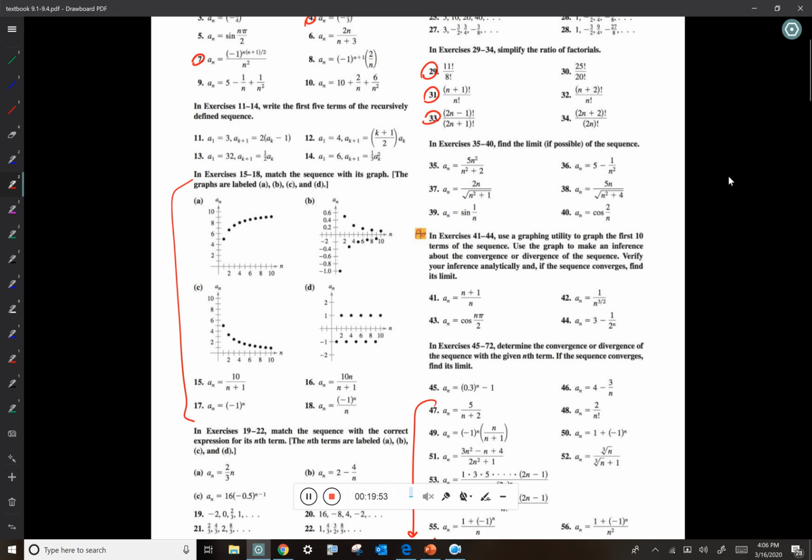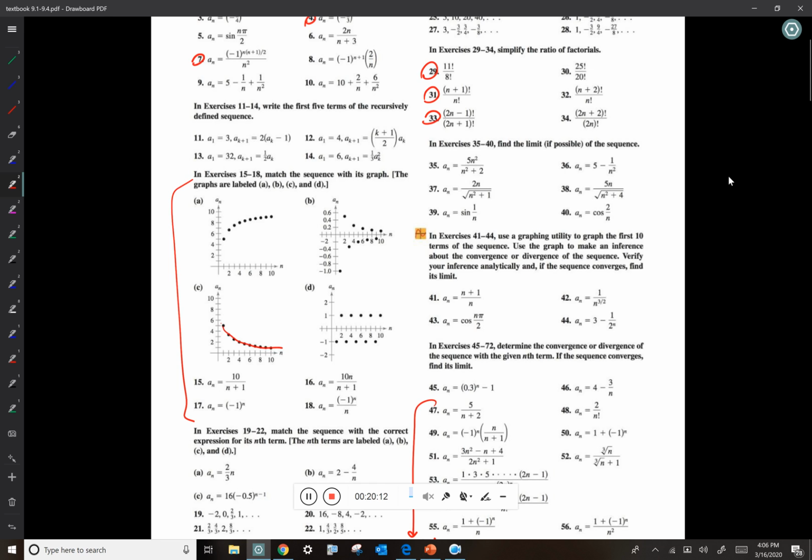Do you see that for letter C, all of the terms are leveling off at 0? Now, letter B is also leveling off at 0, but do you see that it's positive and negative? It's kind of back and forth.